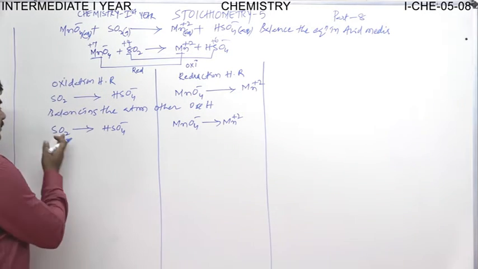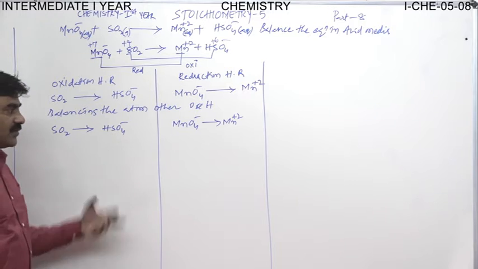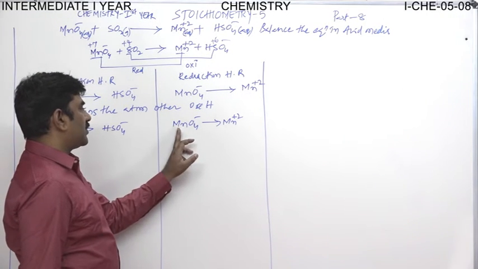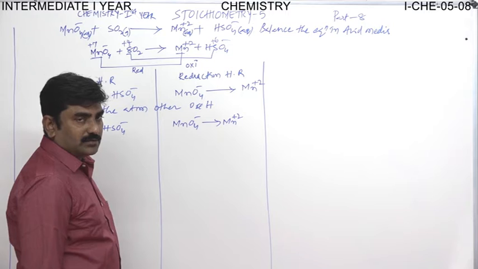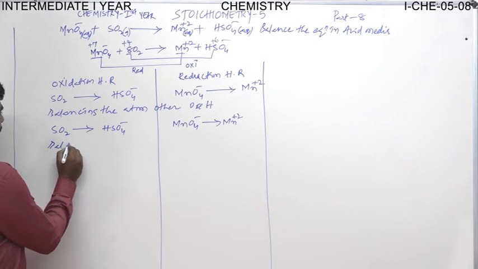Other than oxygen and hydrogen, sulfur is there. This side one sulfur, this side one sulfur. No problem. MnO4 minus and Mn plus 2, manganese 1 and manganese 1. No problem.